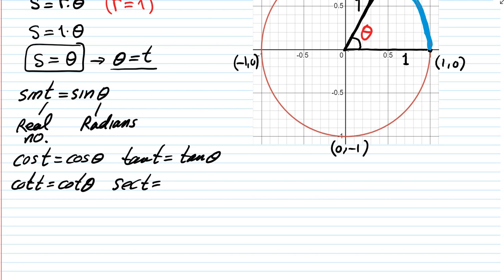Secant t becomes secant of theta, and cosecant of t becomes cosecant of theta. So now we have functions of real numbers t, or trig functions as functions of angles. In either case, whether they're functions of real number t or central angle theta in radians, we simply call these trig functions.